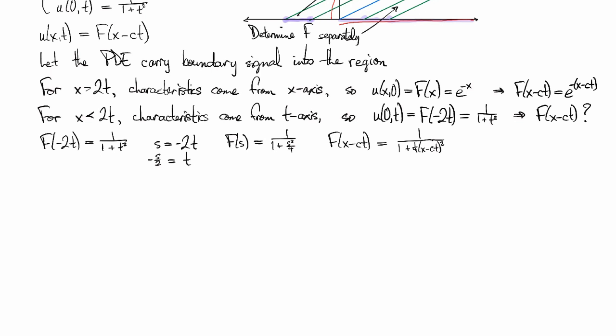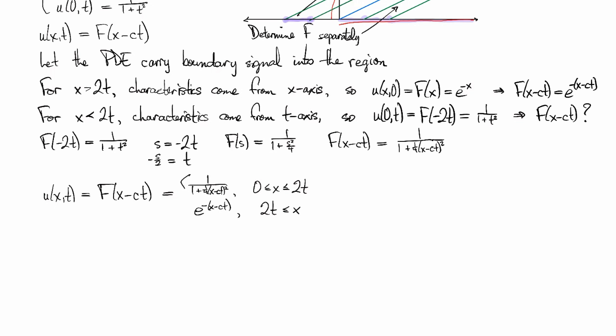And so the solution to this equation, our u, is going to be 1 over 1 plus 1/4 of x minus ct squared for x up to 2t, and then it's going to be e to the minus x minus ct for x values after that.